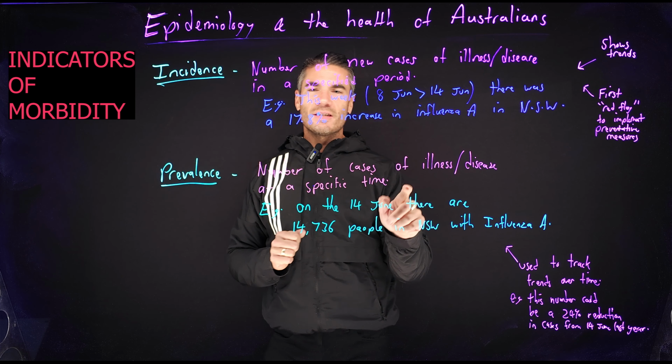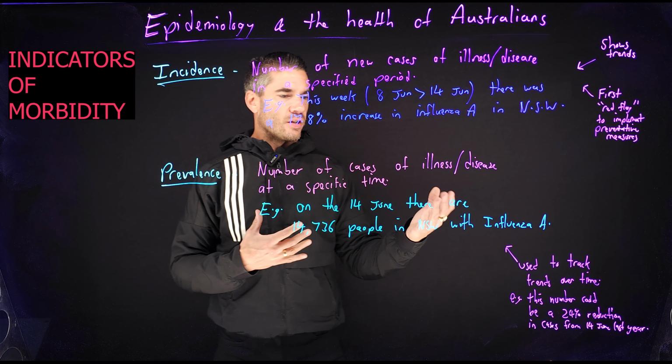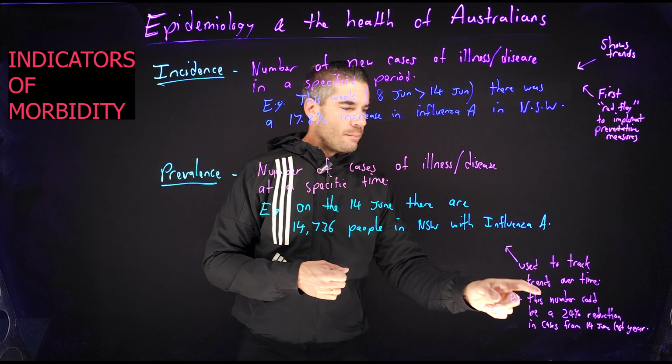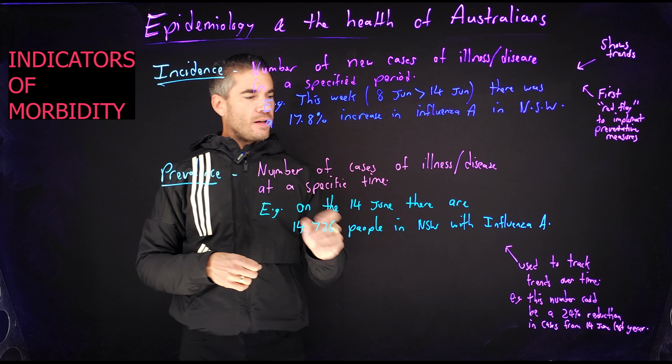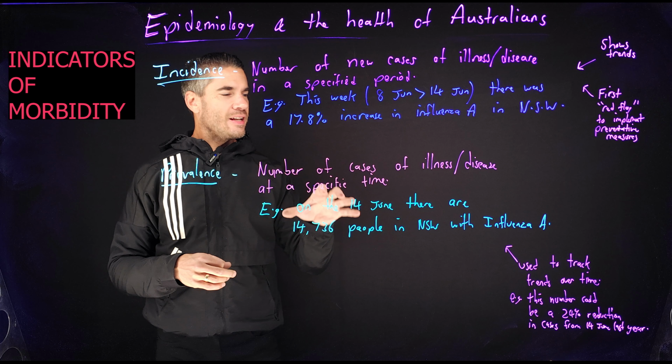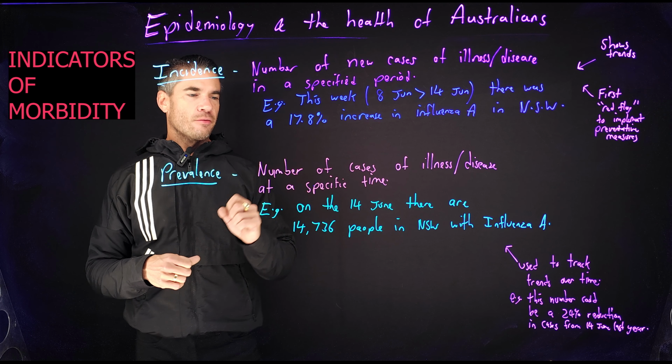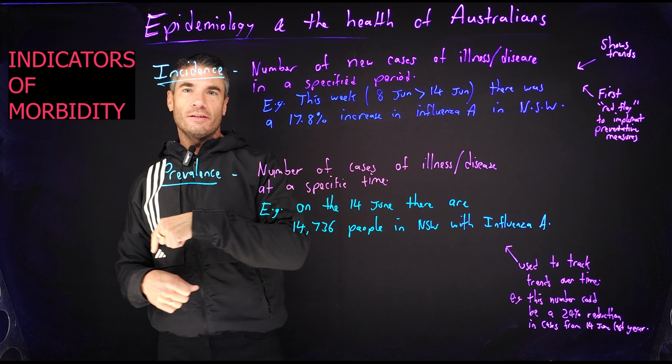But we use this data to track our trends. So this seems bad and this seems bad, but this number could actually be a 24% reduction in cases from the 14th of June last year.